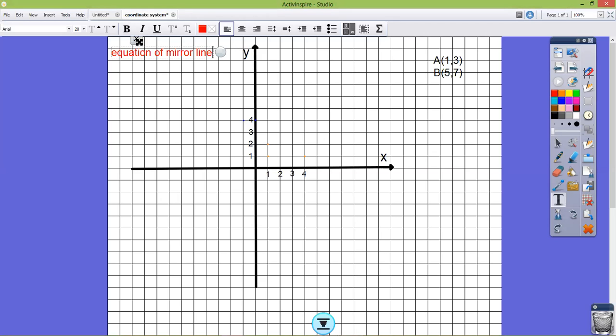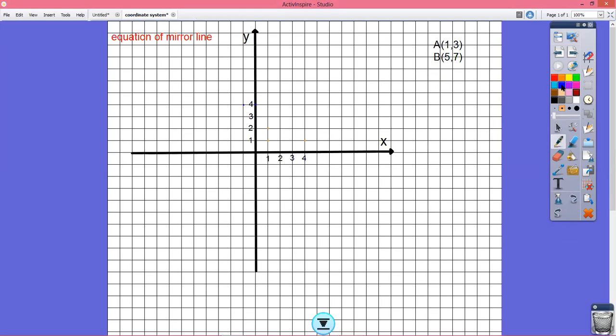Now, how are we going to find this one? Let's read our example. Our example says the point A is (1, 3). 1 and 3 will be here: 1, 1, 2, 3, x is 1, y is 3, it will be this point. Now, it is reflected in a line to give an image B (5, 7). 5, 1, 2, 3, 4, 5, 6, 7.